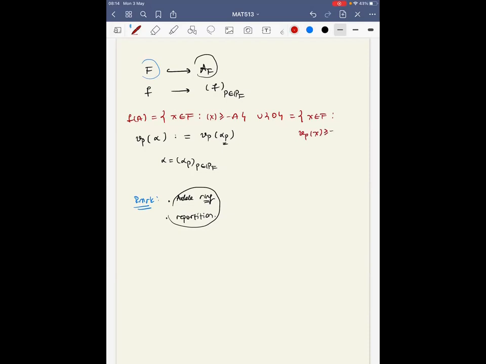So that means Vp of x is bigger than or equal to Vp of A for all places P in the function field F.